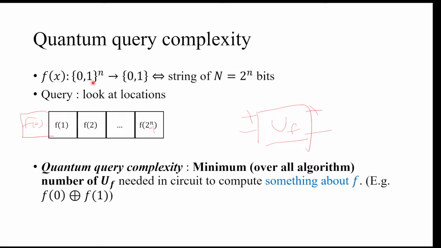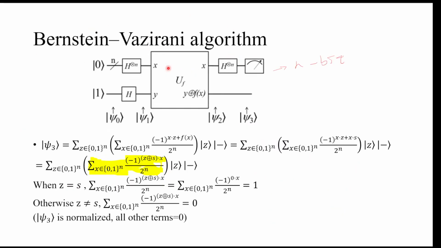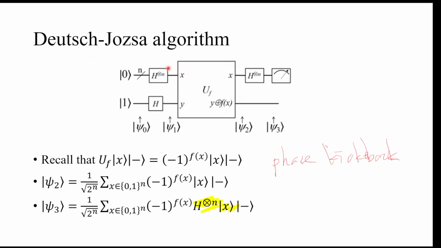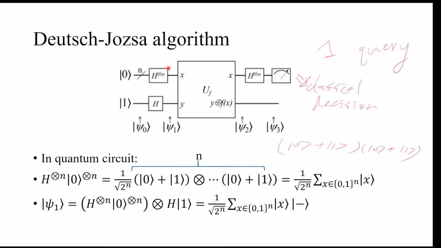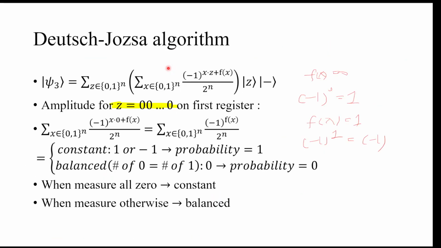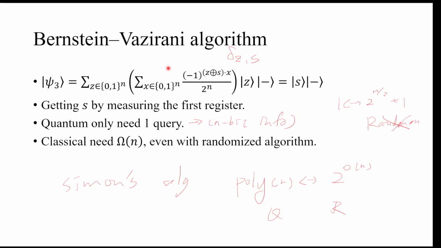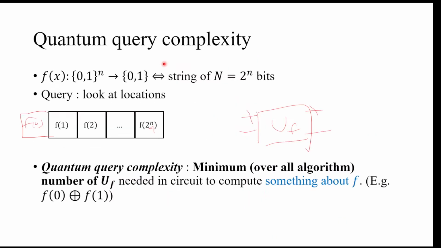To the higher layer of the algorithm, so those Bernstein-Vazirani algorithm, Deutsch algorithm, or just the Deutsch-Jozsa algorithm, their inputs are the black boxes. The subfunction they are calling is actually their input.